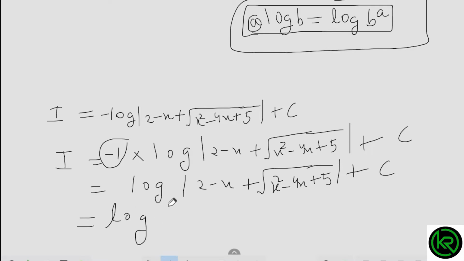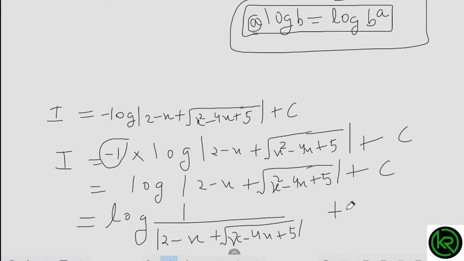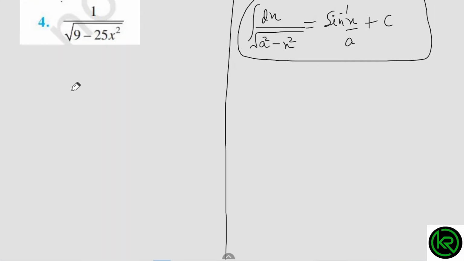We can make it more simplified by writing log mod 1 upon 2 minus x plus under root x square minus 4x plus 5, plus c. This is full mod. So this is our final answer. Next question.